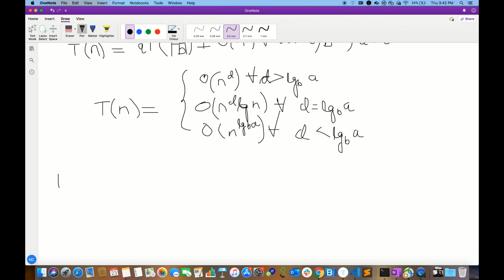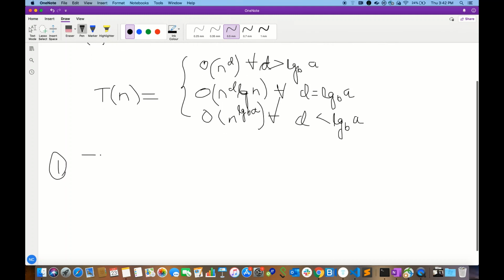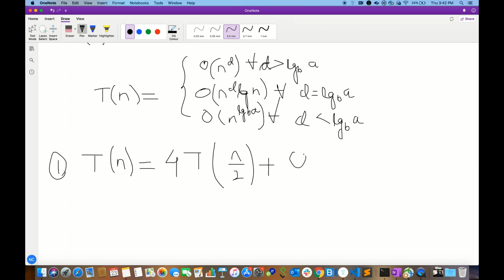Suppose for the first example, let's take the example of polynomial multiplication we used in the previous video. So the work that needs to be done or generated there was T(n) equals 4 times T(n/2) plus big O of n.